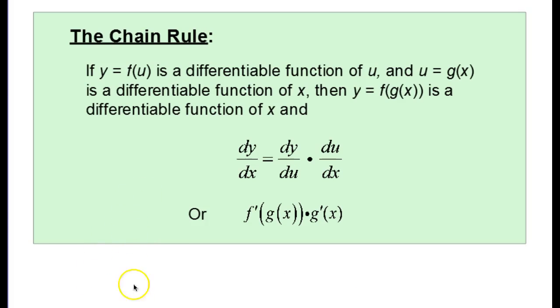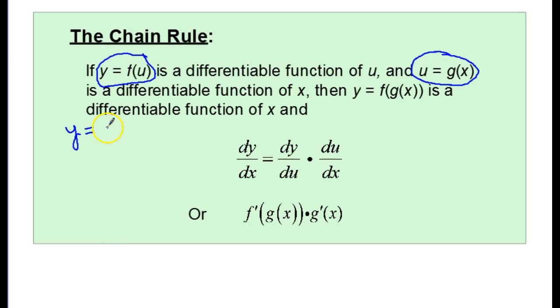Well, one thing that you can do is use substitution. What we'll do is let u equal g of x. And then to find f of g of x, we simply have f of u. Let's say that I differentiate each of these using Leibniz notation.